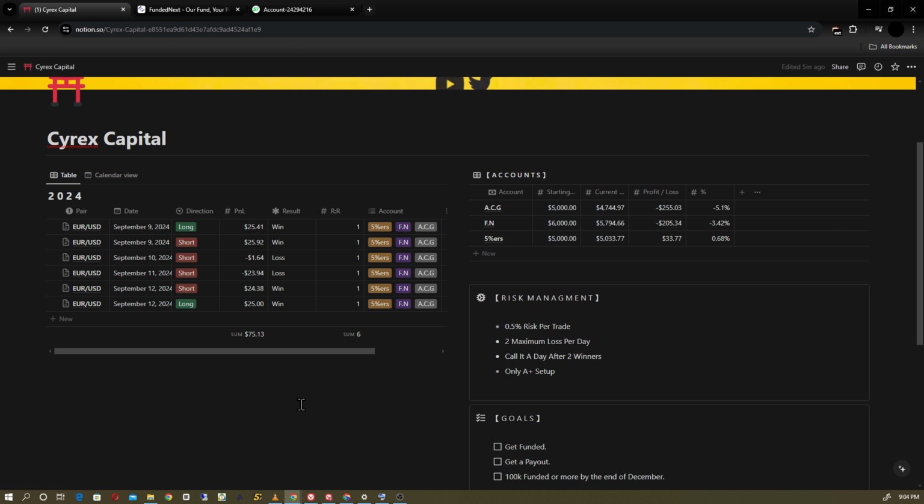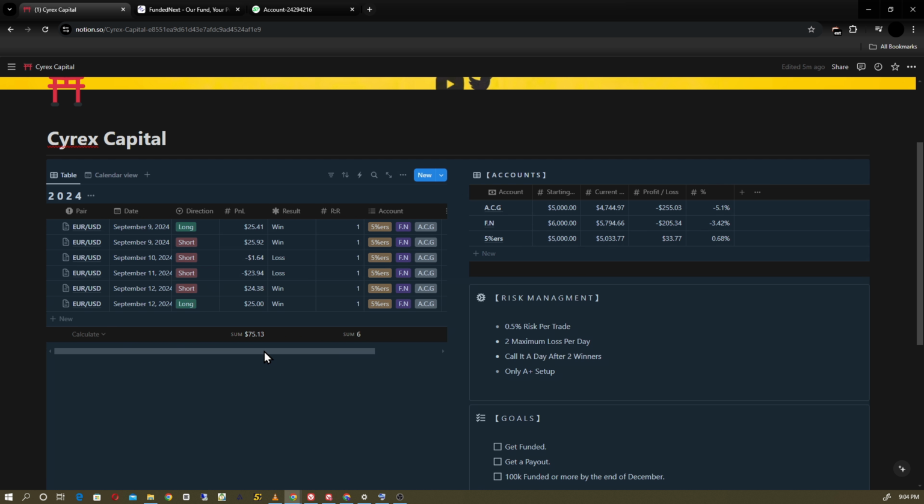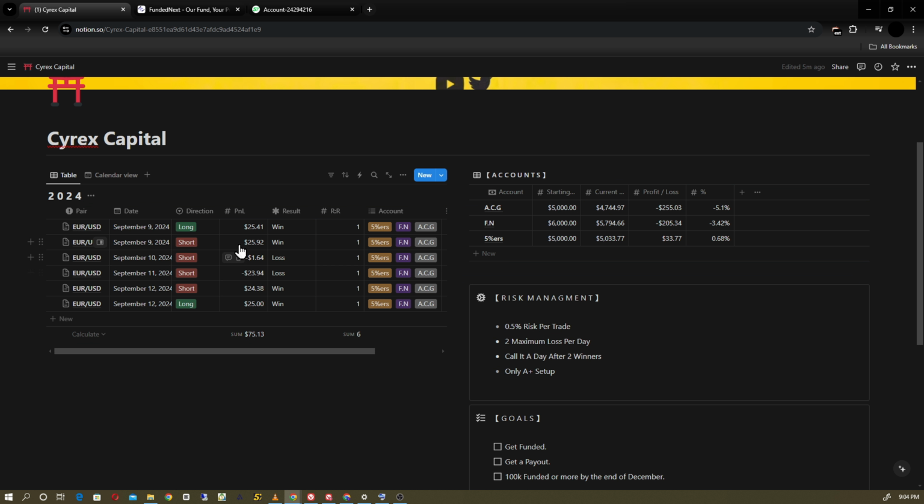Yesterday I didn't show you this Notion database. The last time I showed you it had two trades, but I miscalculated the trades. I didn't write in the trades from this account, I think it was from this ACG account.